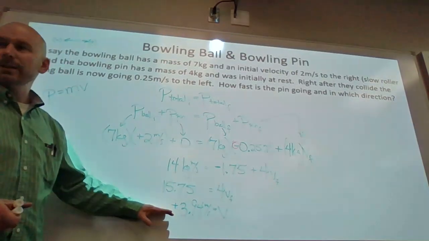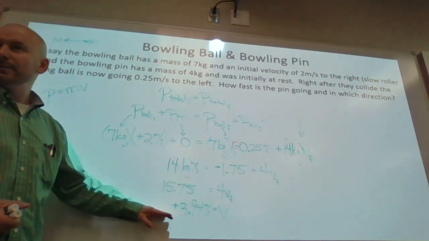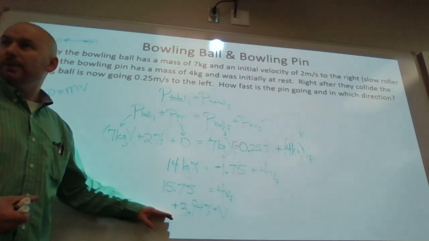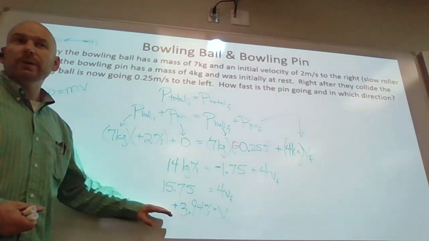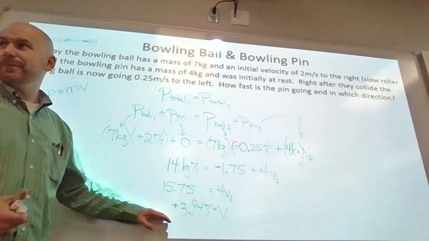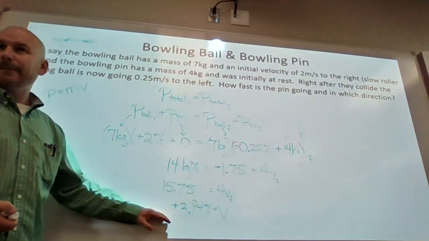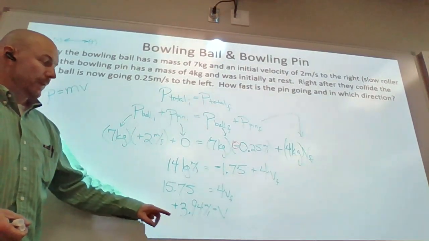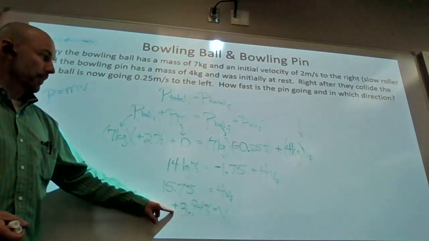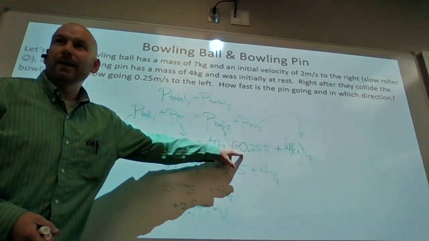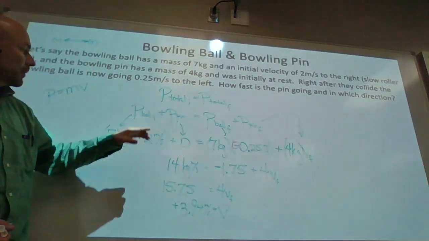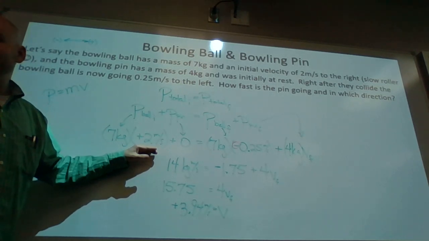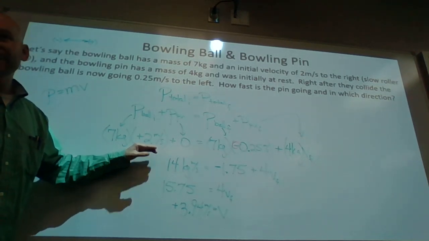So, do we expect the pin to be going in the positive direction? Yes. Was velocity conserved? Well, 3.94 plus a negative 0.25. You started with 2. Velocity was not conserved, but momentum was.